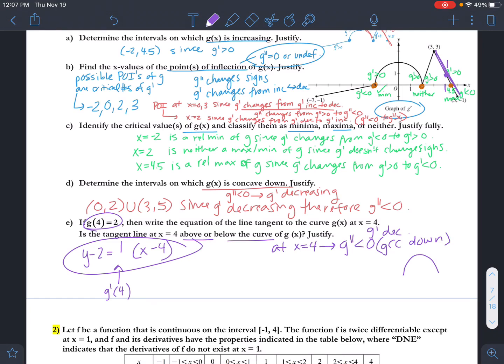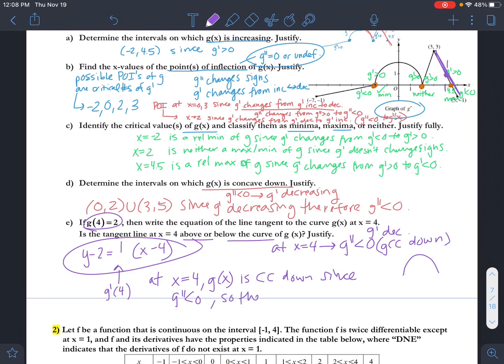Of some sort. We don't know exactly what it looks like. So if I drew a tangent line here, what's going to happen? That tangent line, no matter where I draw it, is always going to be above. So what we would write here, x equals 4, G of x is concave down since G double prime is negative.